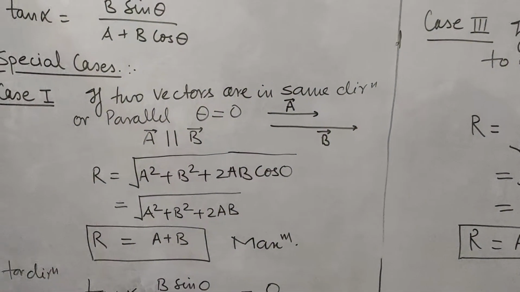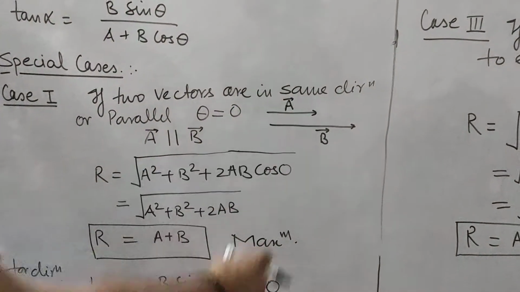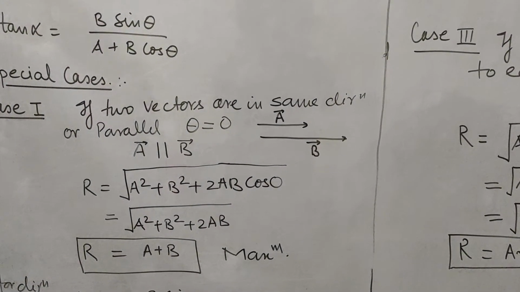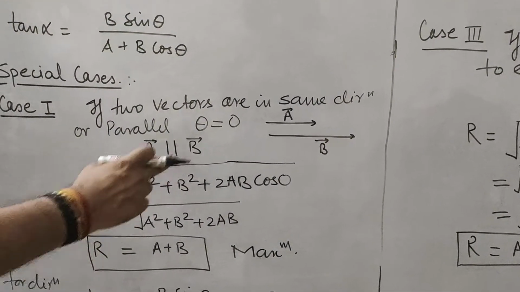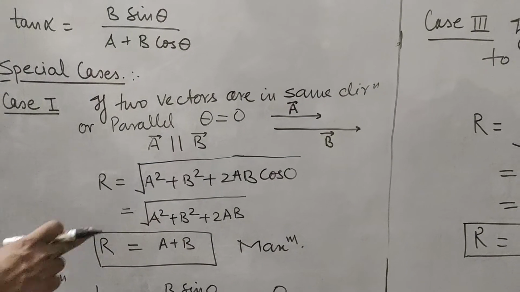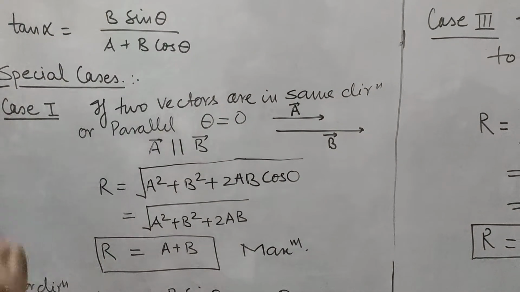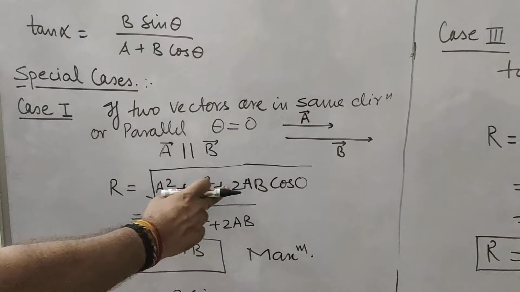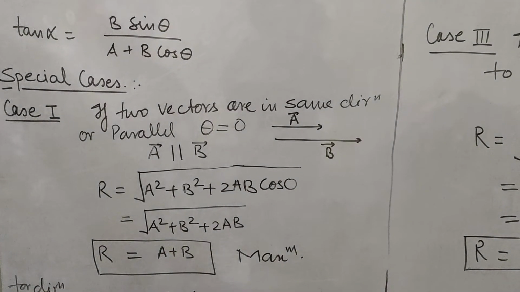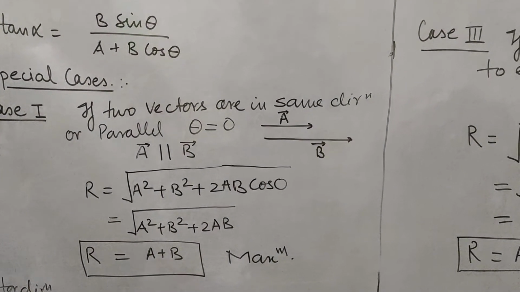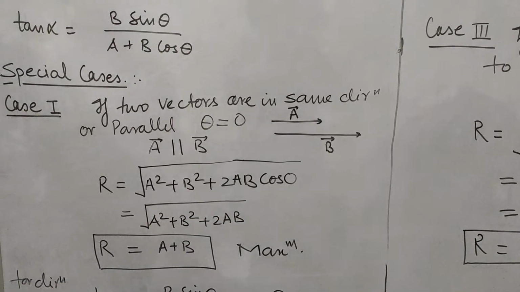Then what will be the resultant? Both are parallel, so theta will be 0. Put the angle in the formula of magnitude: under root a square plus b square plus 2ab cos 0. Cos 0 is 1, so a square plus b square plus 2ab.